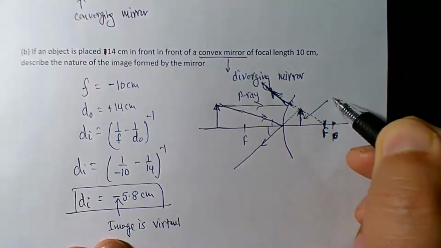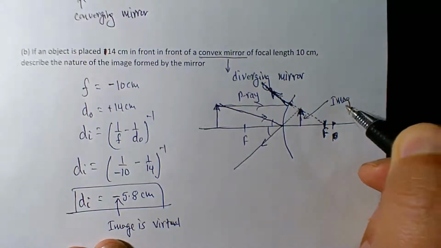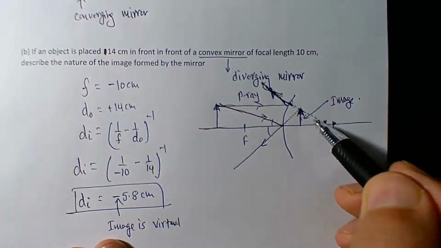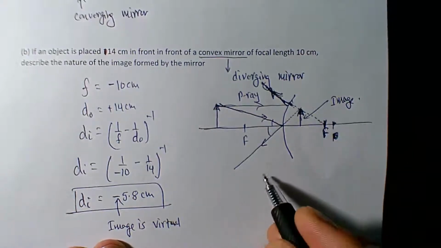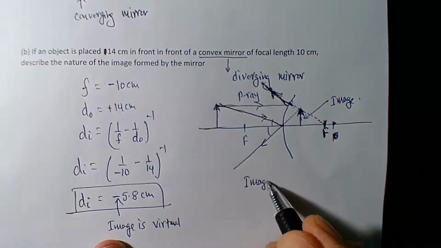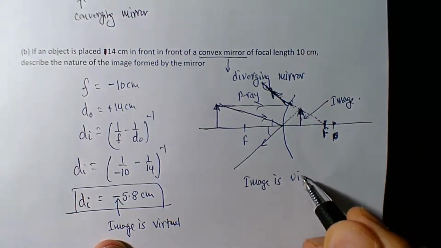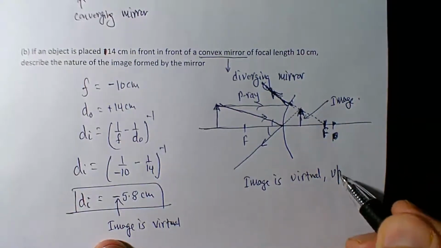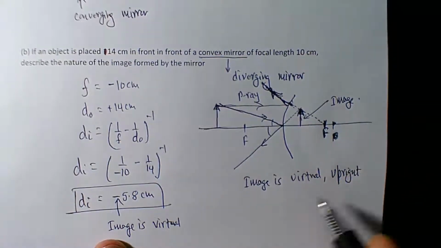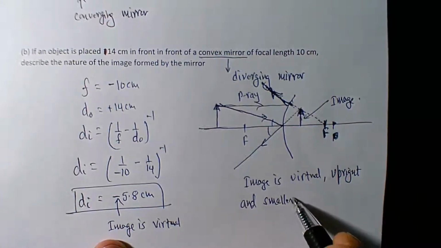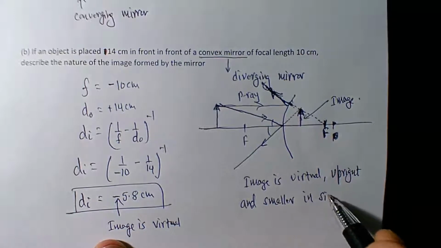And you can clearly see, since the image is behind the mirror, it's virtual and it's upright and it's diminished in size. So our conclusion is the nature of this image is, first of all, virtual because it's behind the mirror, upright, and smaller in size, actually diminished in size compared to the object.